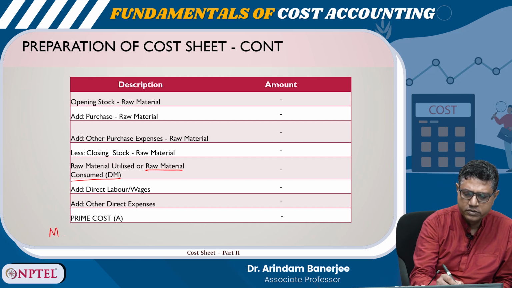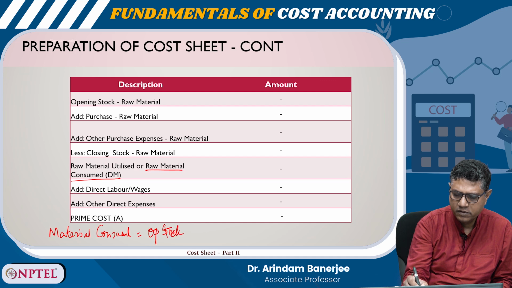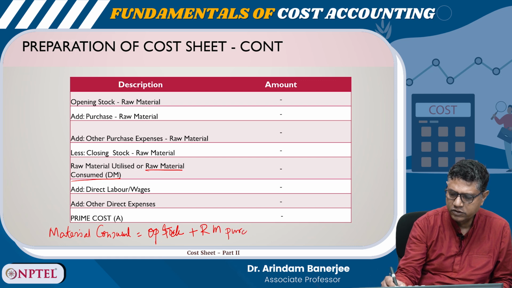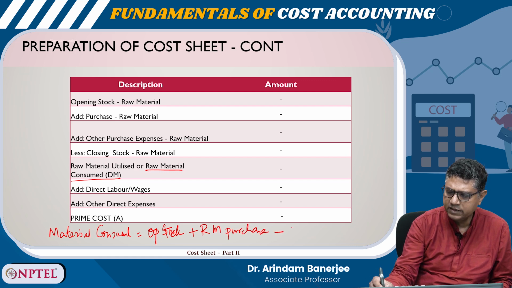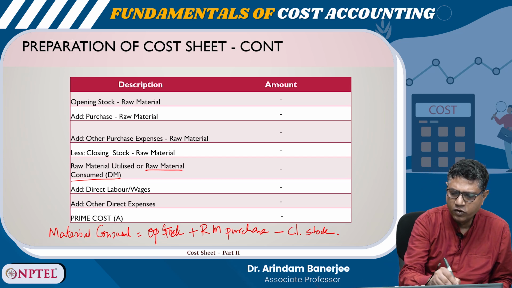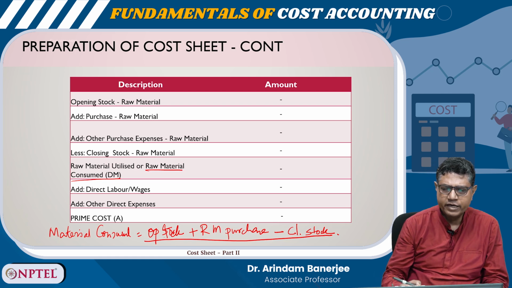Material consumed is equal to opening stock of material plus raw material purchase minus closing stock, right? So material consumed is opening stock plus raw material purchase minus closing stock.